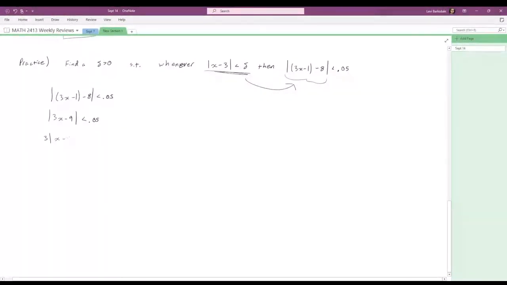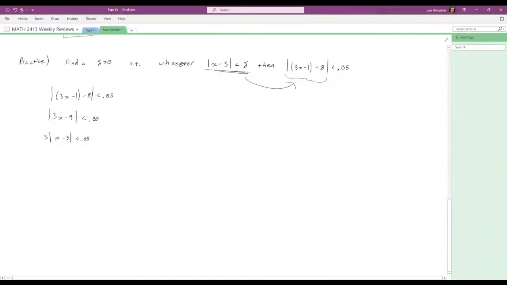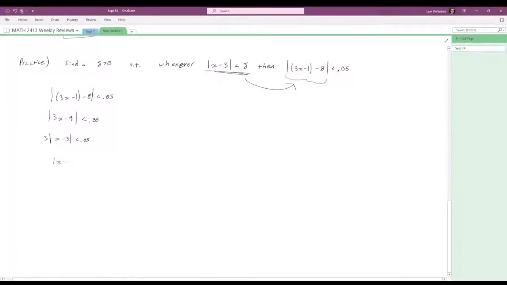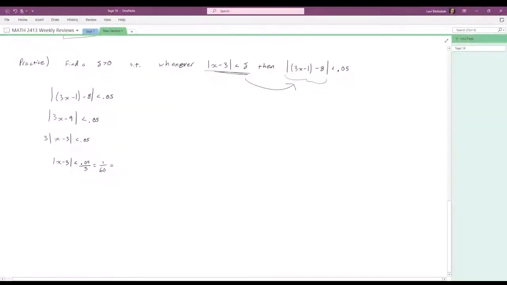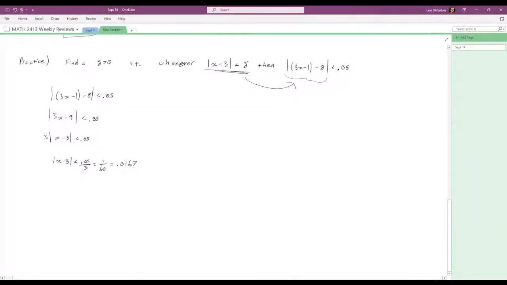Then I take out my 3, and then I can divide both sides by 3. This is, I think, where some of the ambiguity is coming in, why some of you are getting the same answer but in different forms. 0.05 over 3 is the same as 1 over 60, which is also the same as 0.0167.